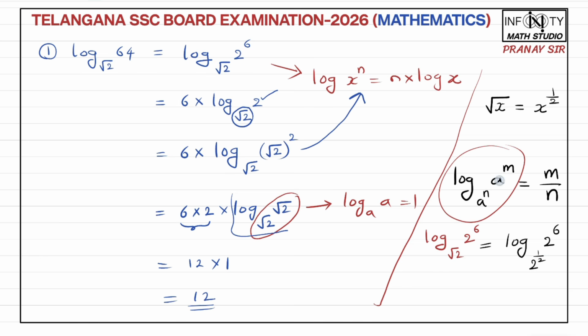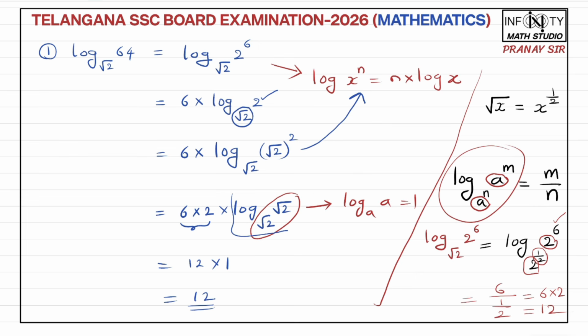Now if you observe very carefully, here a and here a are both the same. Similarly, here 2 and 2 are both the same. Now m we have 6, n we have 1 by 2. So I write 6 divided by 1 by 2, which is nothing but 6 into 2, that is 12.